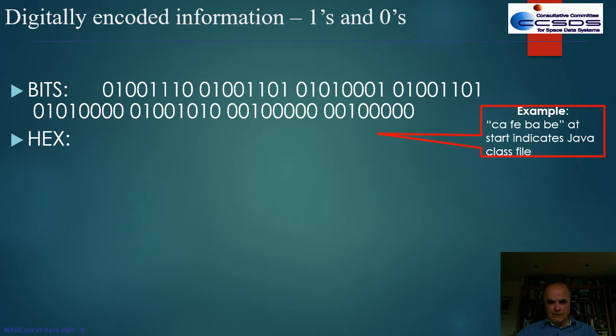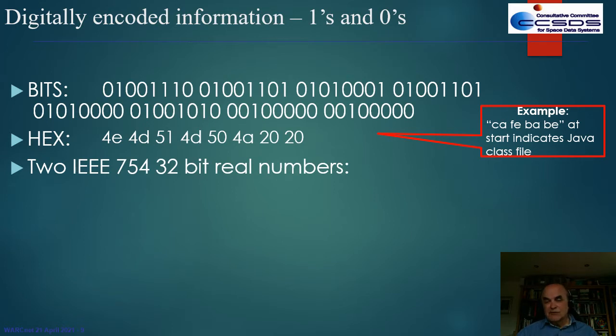And if we do this, if we see at the beginning something that says, as you see there, Cafe Babe, then that indicates that this is the start of a Java class file. Or if it's PK something, then maybe it's a compressed file. If it's PDF something, then maybe it's a PDF file. In this case, there's nothing obvious.